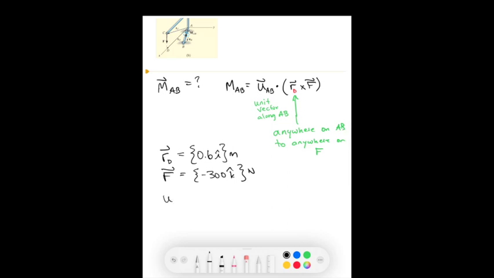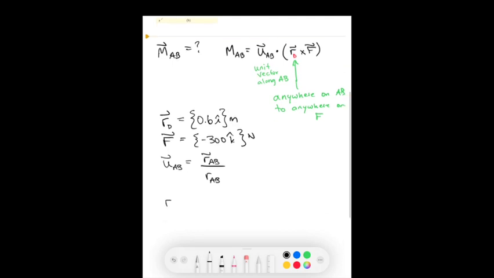So now we just need to know uAB. Well, that's equal to the position or direction vector that goes from A to B divided by its magnitude. So let's find rAB. rAB goes from the x, we can plug those values in.